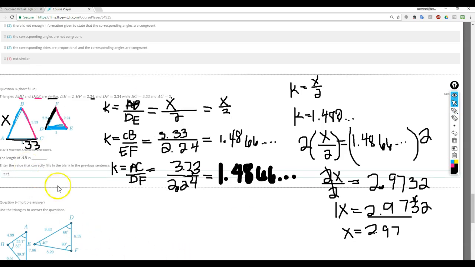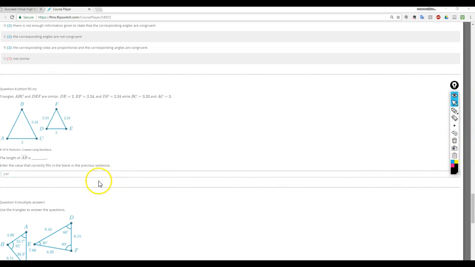Now I'm looking at this and I am feeling like there is possibly an error occurring here, because I'm looking at triangle DEF right here. You notice this is 2.24 and this length is 2.24.